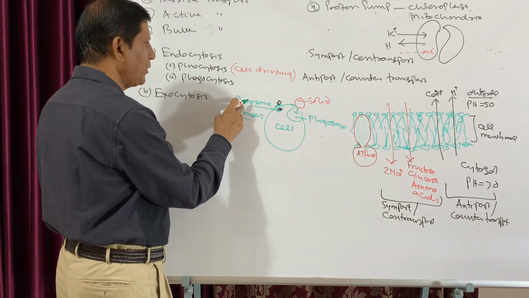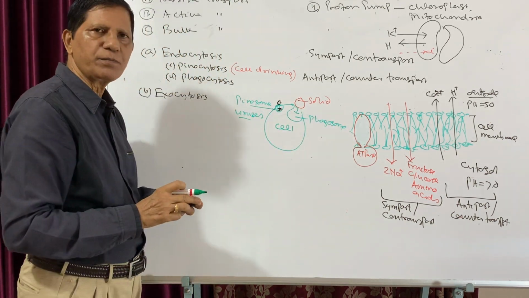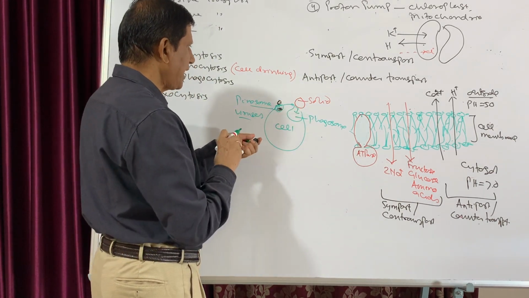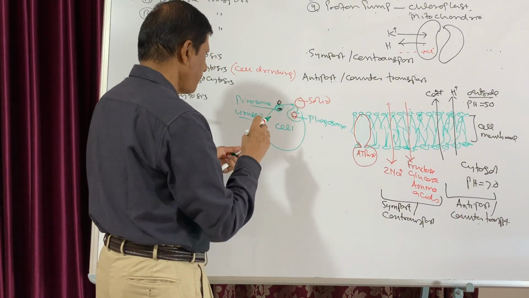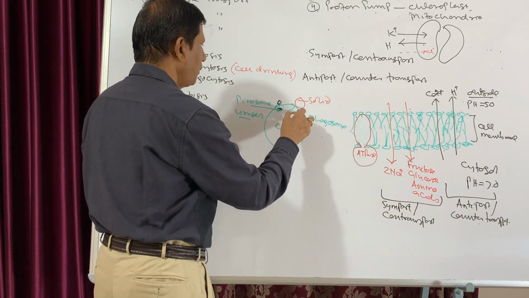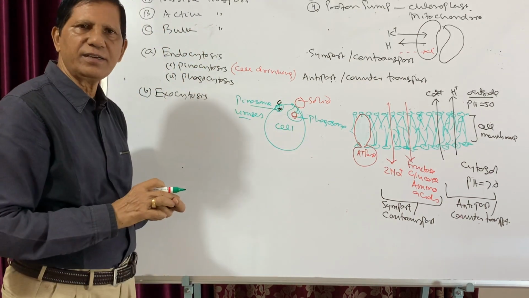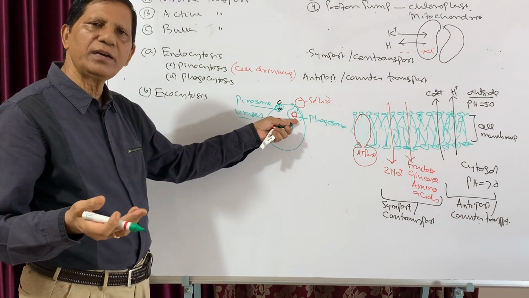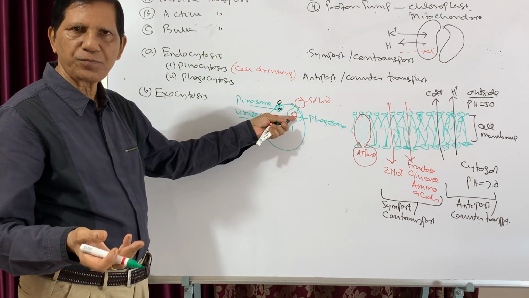In this case it is pinosome, here in this case it is phagosome. So when this solid will enter inside, then it will be closed. Now it is inside. If this is a food material, it will lead to heterophagy, digestion.